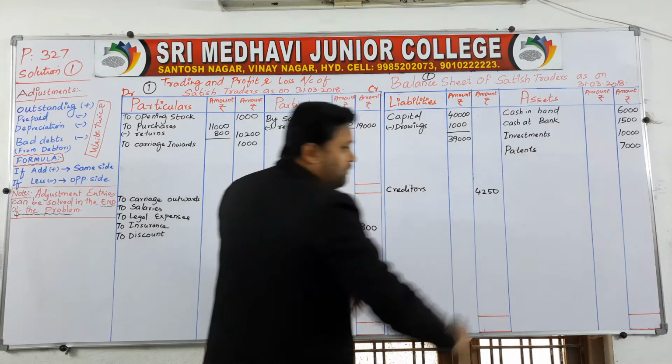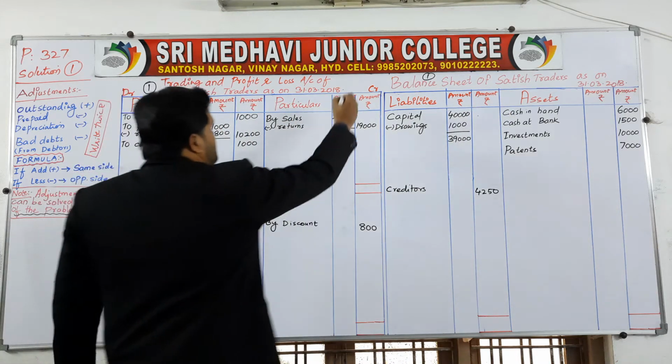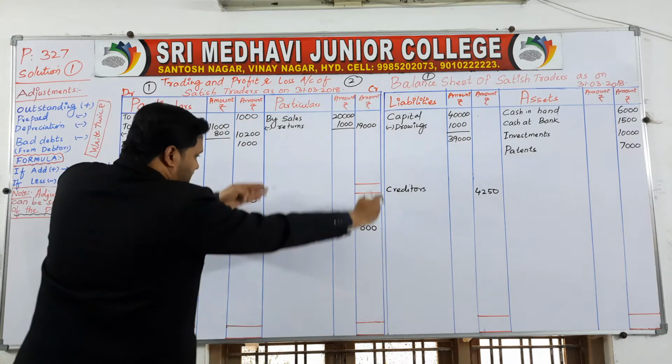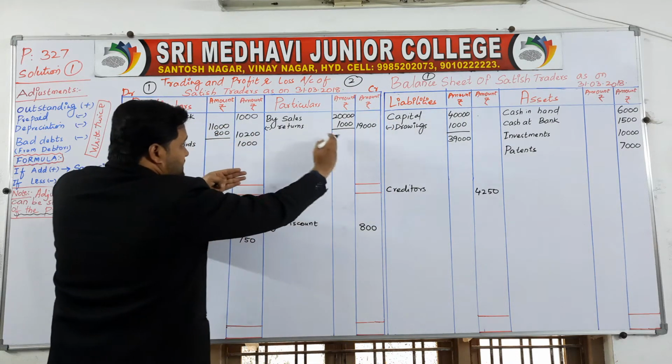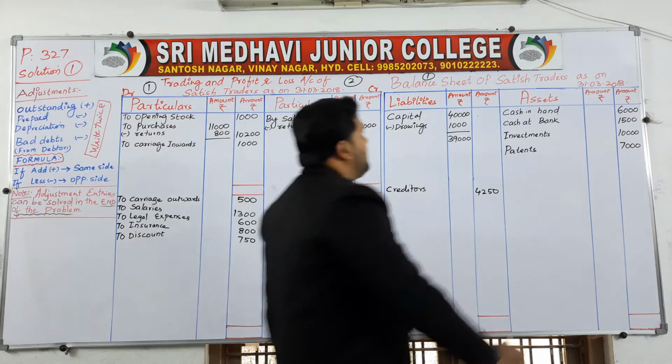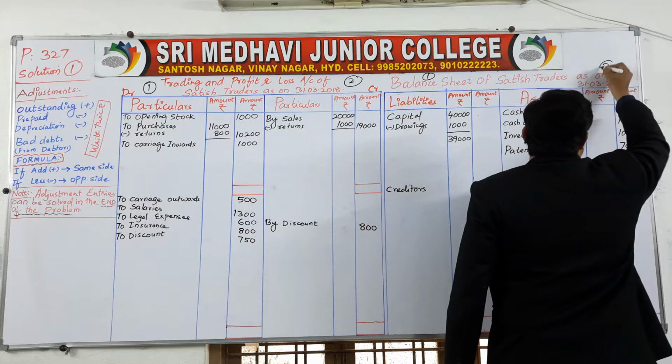And this is your side 2, these three columns from starting to end.